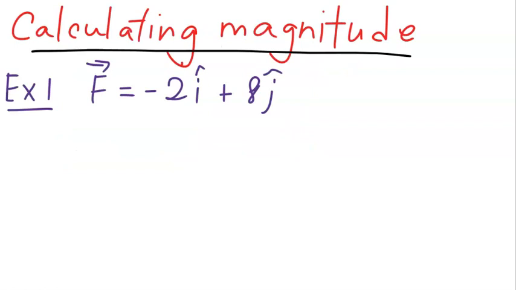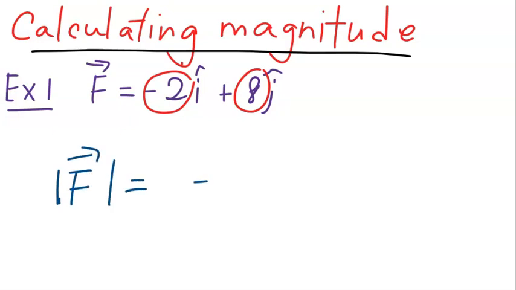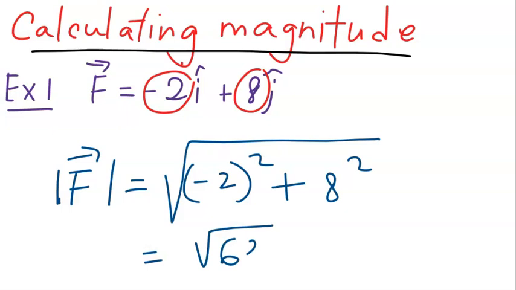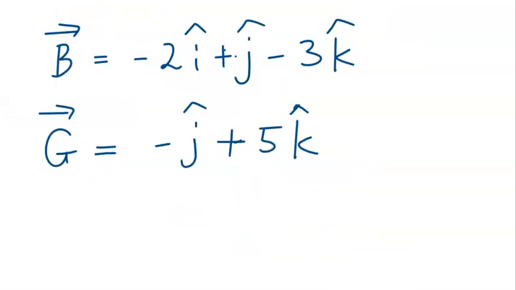If you have a vector f given as shown and you want to calculate the magnitude of this vector f, how do you do it? Now you have the x component -2 and the y component 8. So to calculate the magnitude of vector f, you need to square the components and then sum them up and square root the sum. So in this particular example, the magnitude is square root 68, which is about 8.24 units.